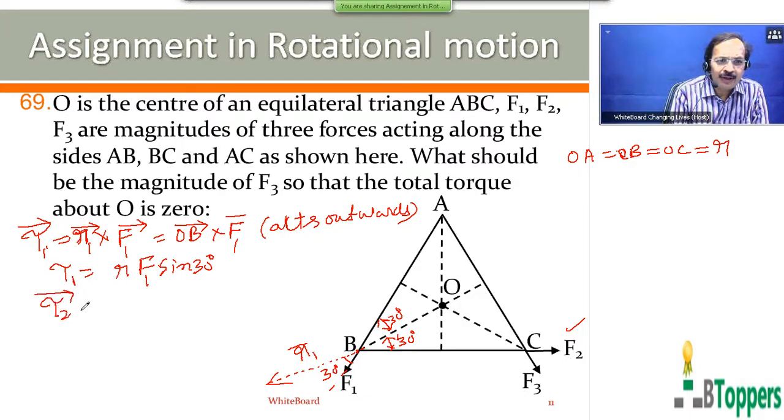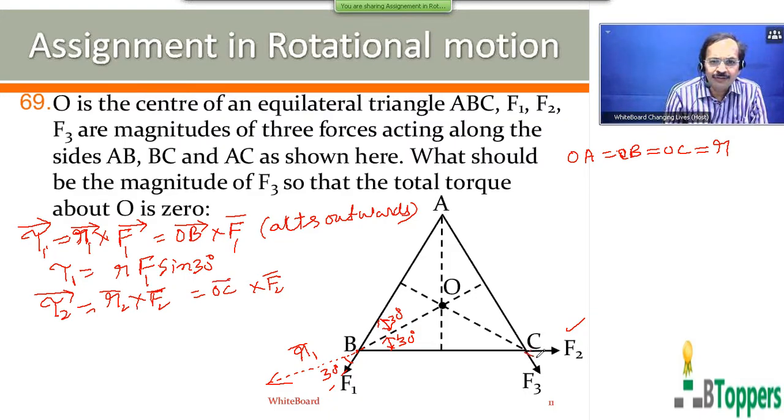Moment of the second force F2 bar, tau 2 bar, you can write as R2 bar cross F2 bar. F2 bar acts at the point C in the figure. So the angle between F2 bar and R2 bar is also 30 degrees. In the same way, R2 bar you can take as OC bar cross F2 bar.